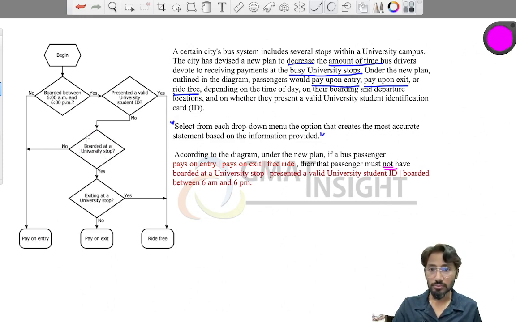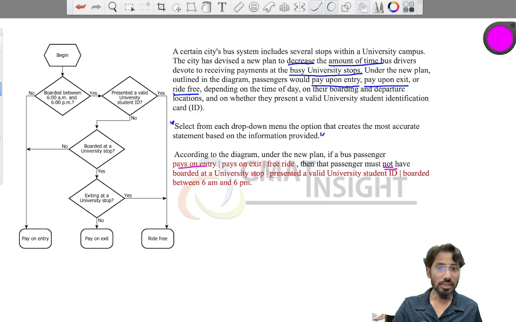But this entire graph is for 6 a.m. and 6 p.m. What if someone boards at the university stop but beyond this time? Even in that case the person has to pay on entry. Therefore, pays on entry and boarded at the university stop does not work.